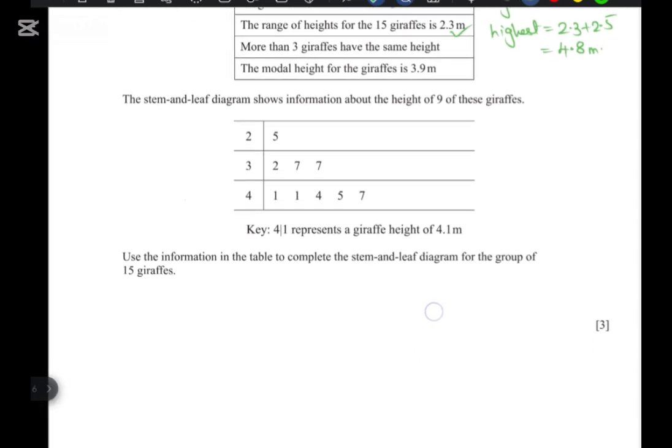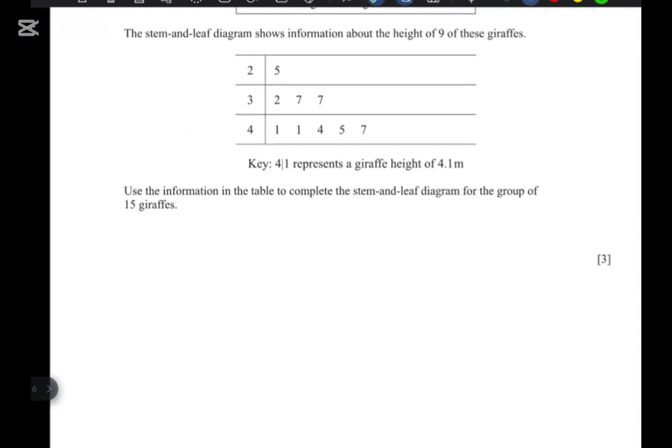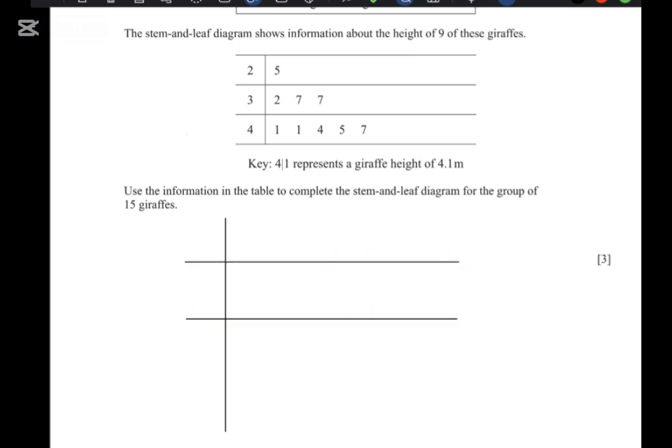So let us start drawing. You should take your ruler for this and draw one vertical line like this and divide it into three categories, 2, 3 and 4, because our smallest number is in the 2s and the greatest number is in the 4s.